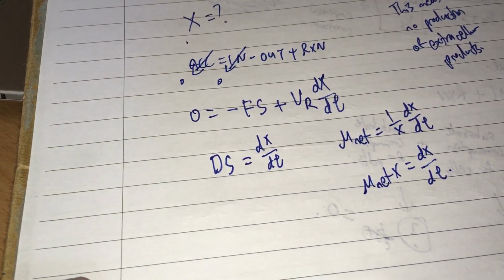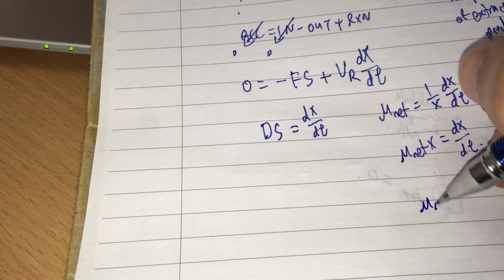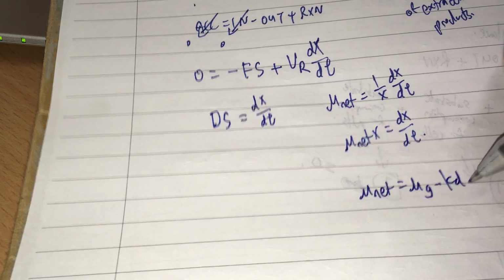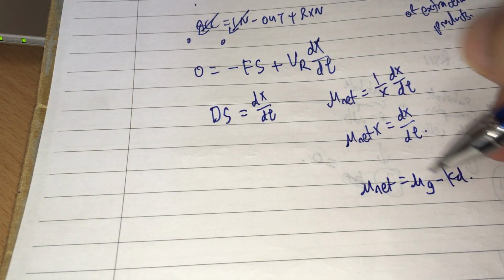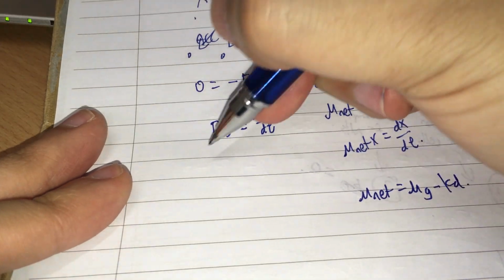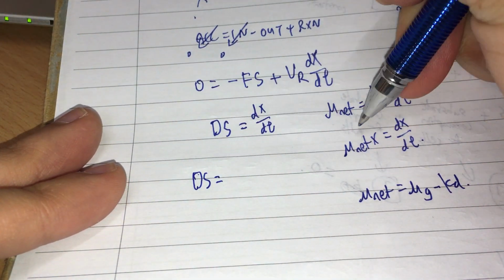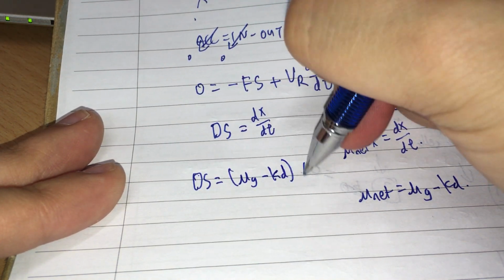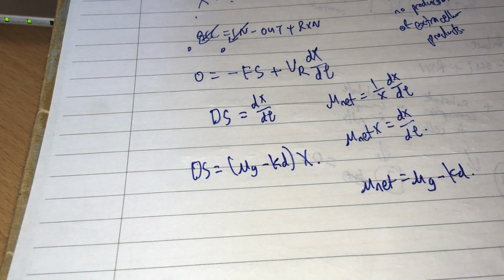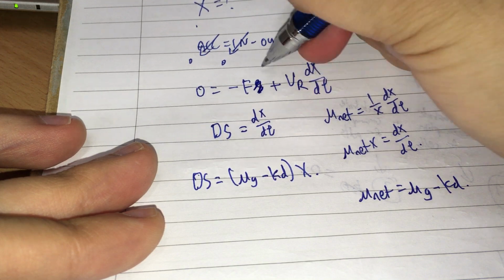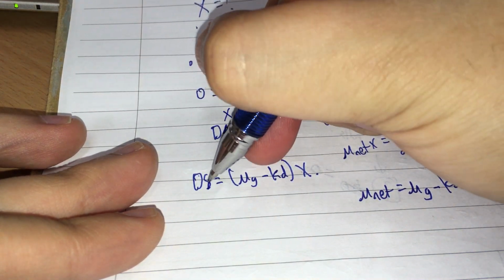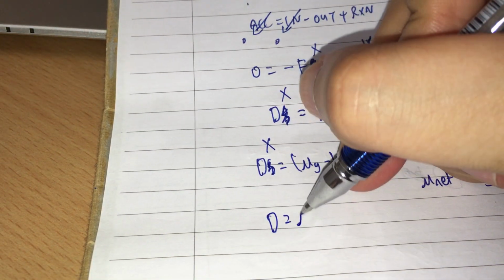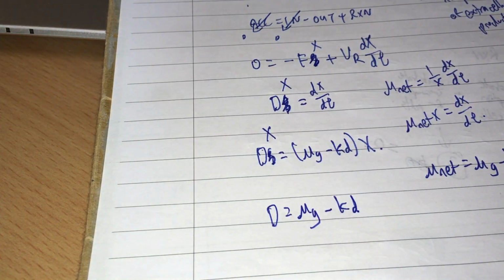Okay, and mu net equals mu g minus kd. So now kd is not ignorable, so let's just factor that in. So we'll have D X equals mu net into x, so that's mu g minus kd into x. Okay, sorry, this should be x. This is not substrate concentration, this is cellular concentration. And then you will just find that D equals mu g minus kd.